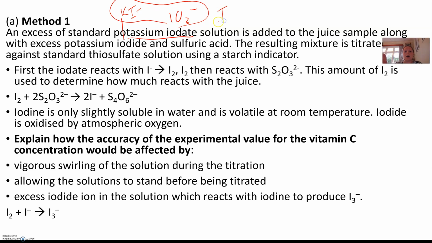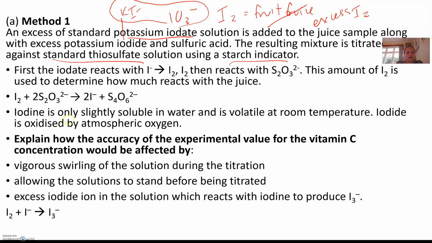So that means that your I2 produced would react with the fruit juice, so no more of the fruit juice can react, that's all gone. And then the excess I2 is titrated with thiosulfate, good old thiosulfate, which we know really well, with a starch indicator. I've just outlined that here, just so you know.